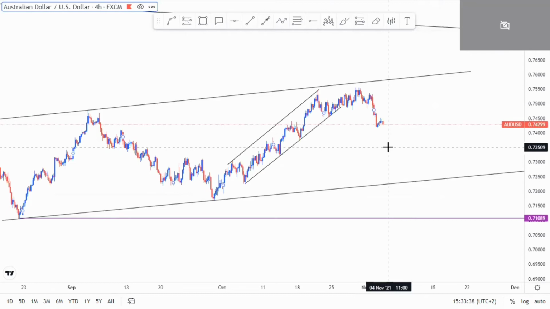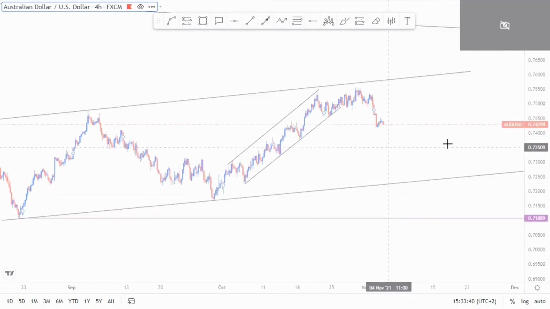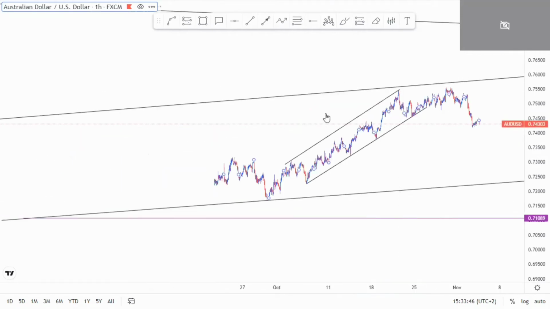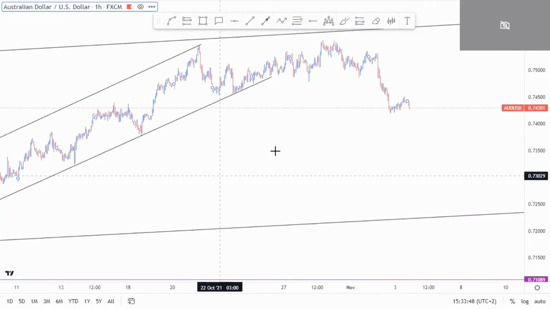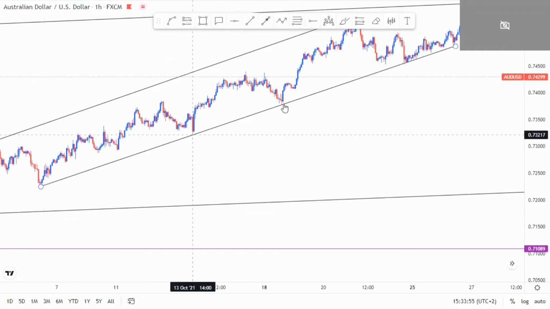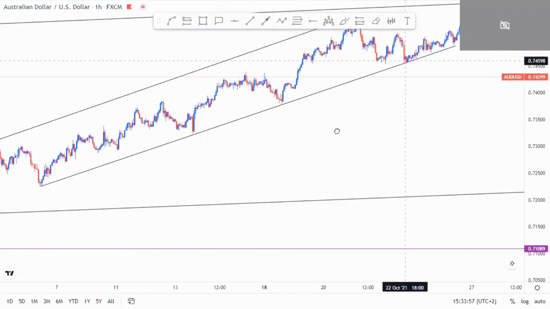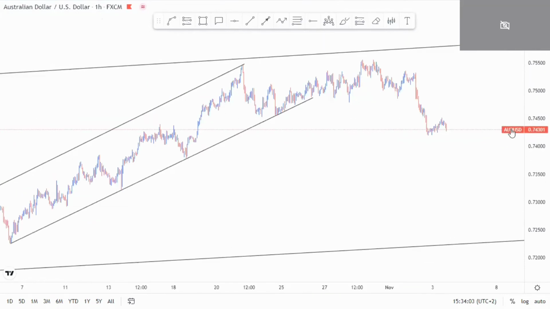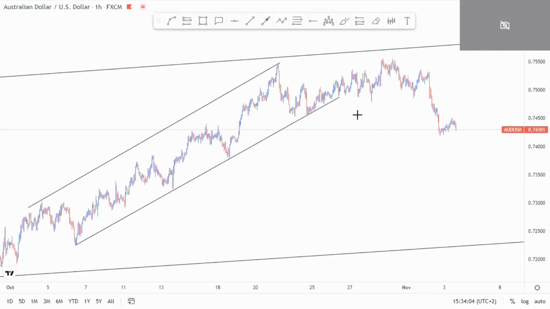But let me go to the 1-hour time frame to see clear. And on the 1-hour time frame, as you guys can see, this was supported all the way from here, support again here, then supported here, but here it's supported, but eventually it broke out of this, confirming the downtrend, the reversal.